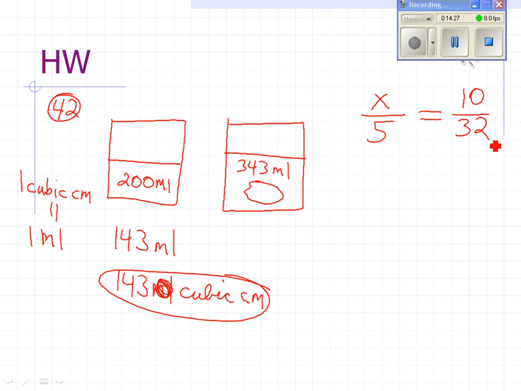We could have said, all right, 1 cubic centimeter compares to 1 milliliter. Well, we have 143 milliliters. So how many cubic centimeters is that? But there wasn't any real reason to, because what's 1 times 143? And then you divide by 1, you get 143. So there wasn't any real reason to set it up that way.